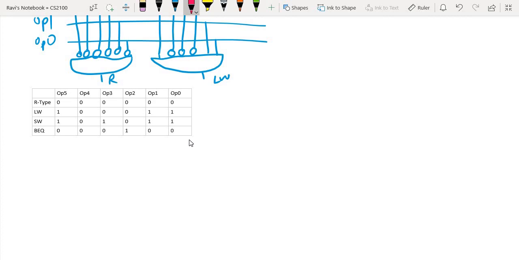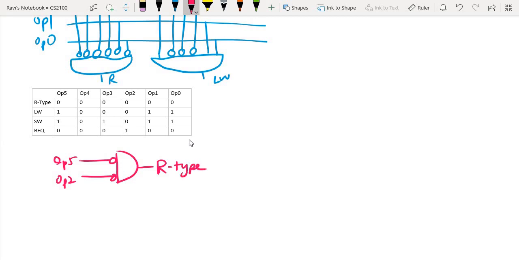So what do I mean by this? For example, R type is the only instruction where bit 5 is 0 and bit 2 is 0. So I can say that bit 5 and bit 2 both 0, or both active low, will generate the R type signal here.